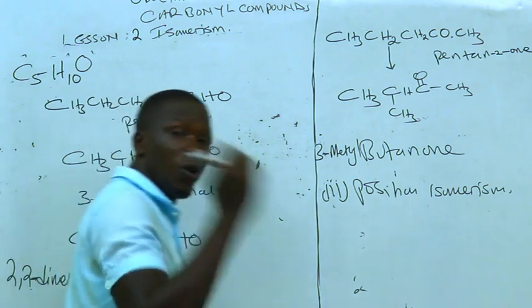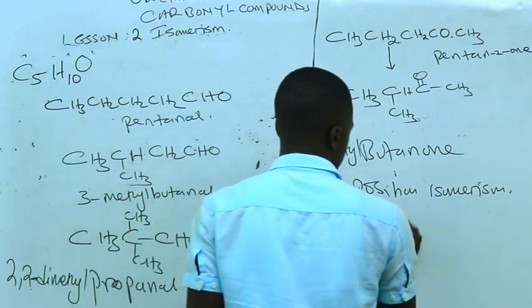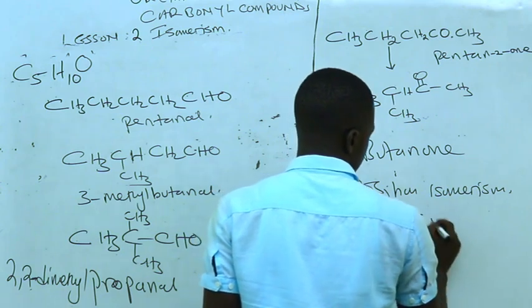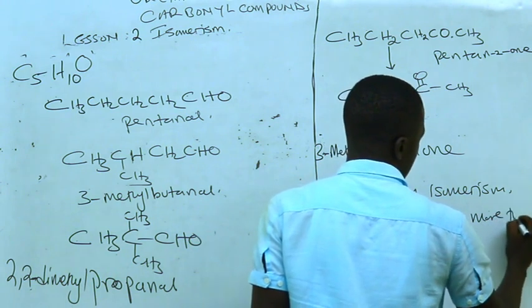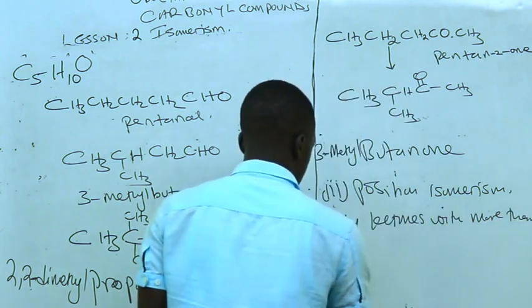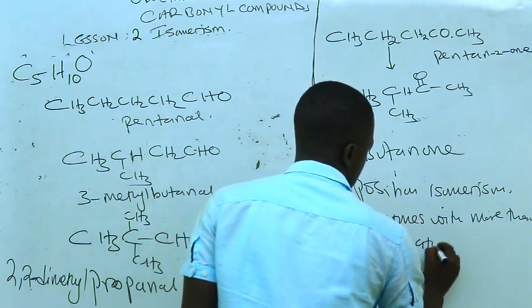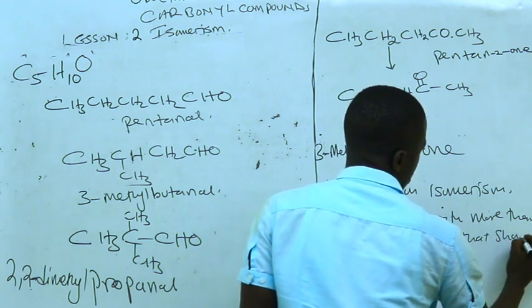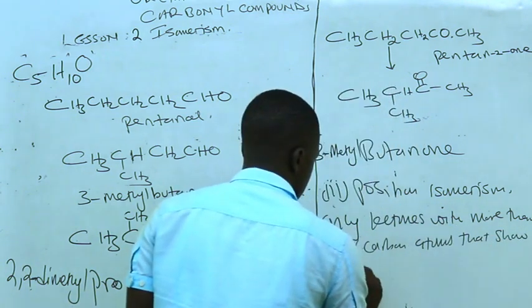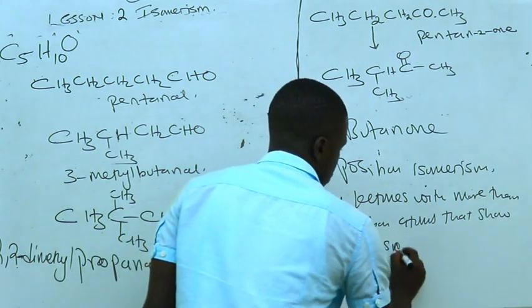Now, it is only ketones with more than 4 carbon atoms that show position isomerism.